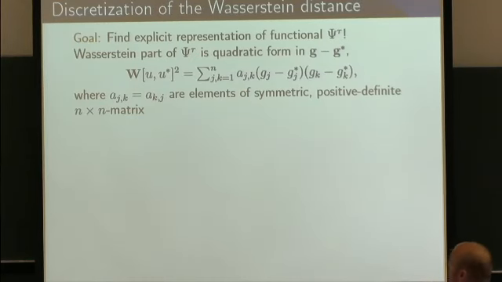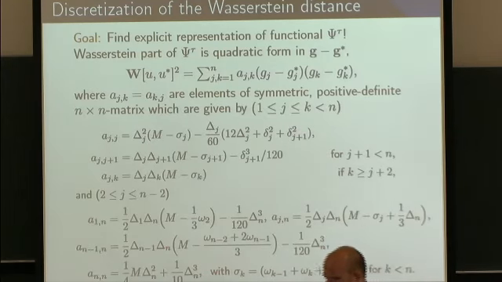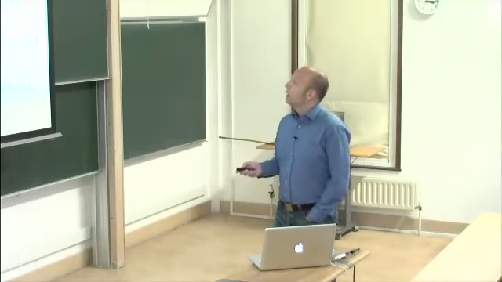And you can see that the Wasserstein part is just a quadratic form in the weight vector g with some coefficients a_jk, and these are coefficients of a symmetric positive definite matrix. You can compute this matrix. It looks a little bit complicated, but you don't care because only the computer has to remember it. So you can compute all these integrals over the hat functions. And then you have the Wasserstein part.